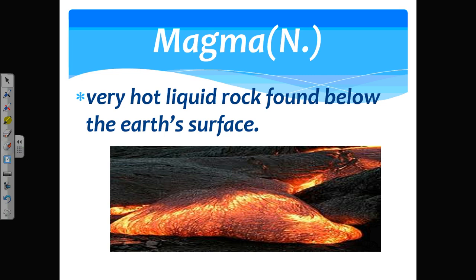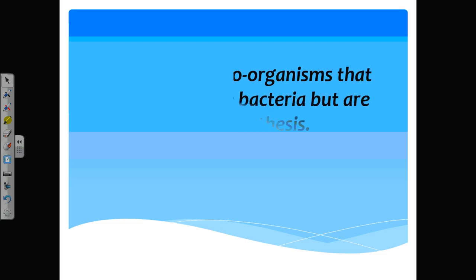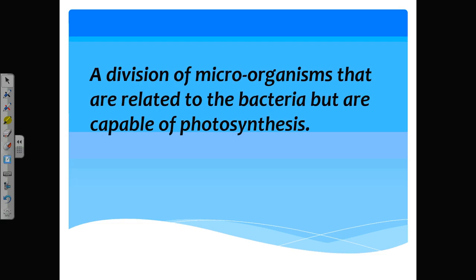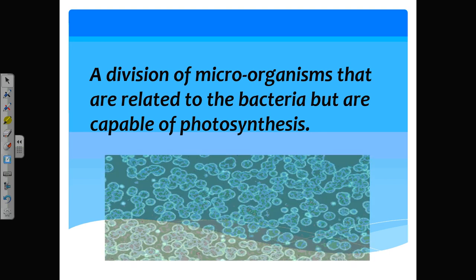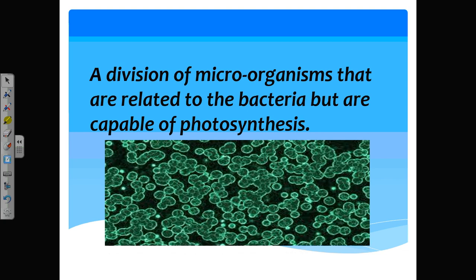Okay, here the first word is magma, as you see from the image and the definition. What's the second word? A division of microorganisms that are related to the bacteria but are capable of photosynthesis. What is it? They are cells, microbes.